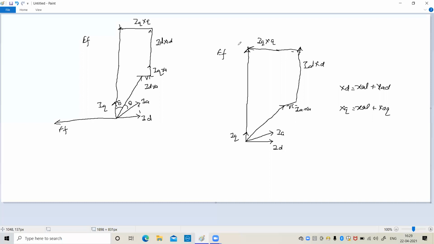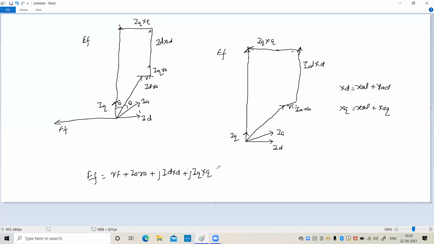So this is the simplified voltage phasor diagram, and we can write very simply EF is equal to VT plus IARA plus J IDXD plus J IQXQ.